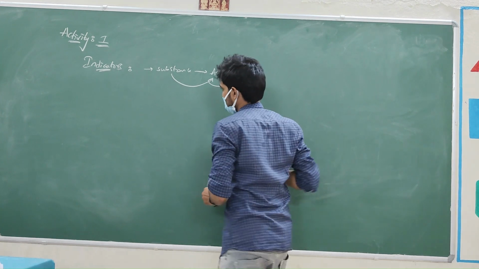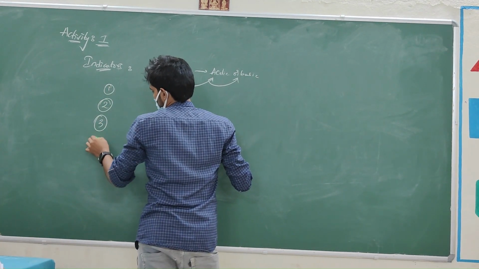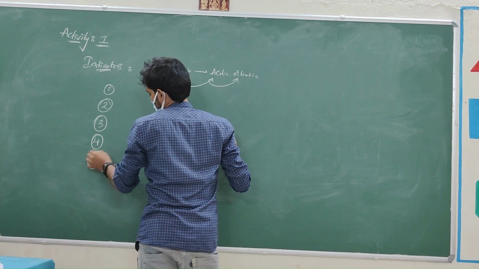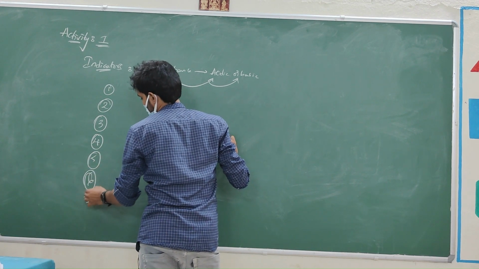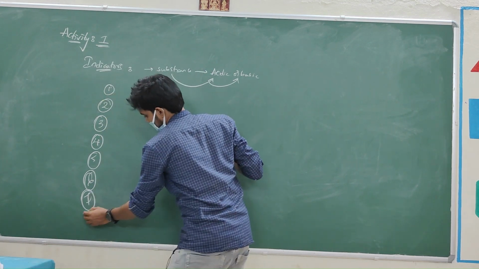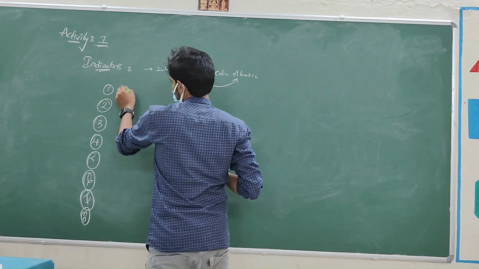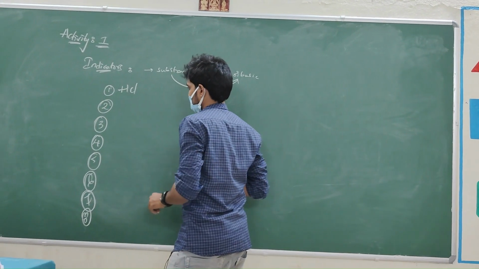In the activity, they have given us some substances, and we are asked to identify whether they are acids or bases. Let's see them one by one. We'll start with the first one, HCl, hydrochloric acid.